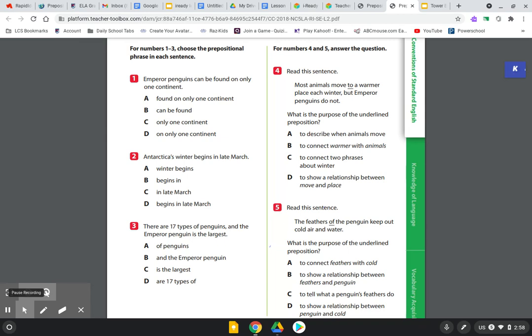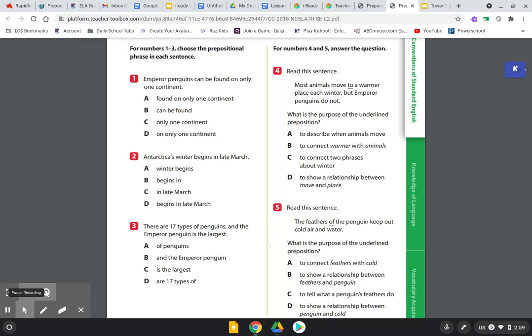A, winter begins. B, begins in. C, in late March. D, begins in late March. Number 3, there are 17 types of penguins, and the emperor penguin is the largest. What is the prepositional phrase? A, of penguins. B, and the emperor penguin. C, is the largest. D, are 17 types of.